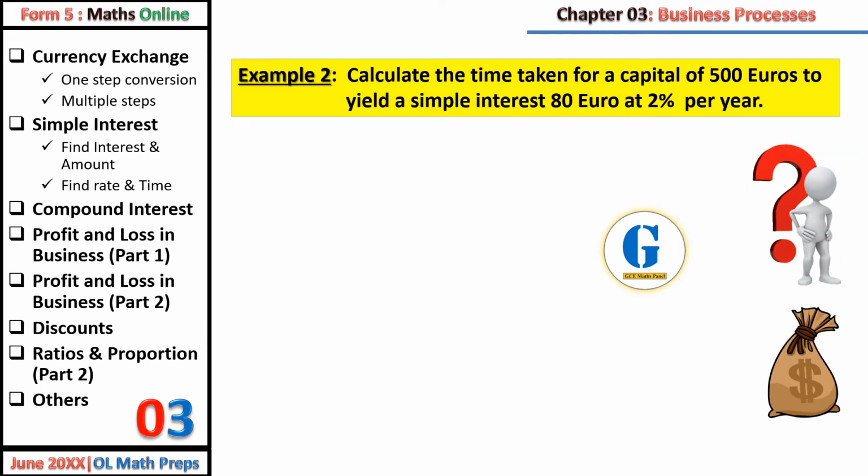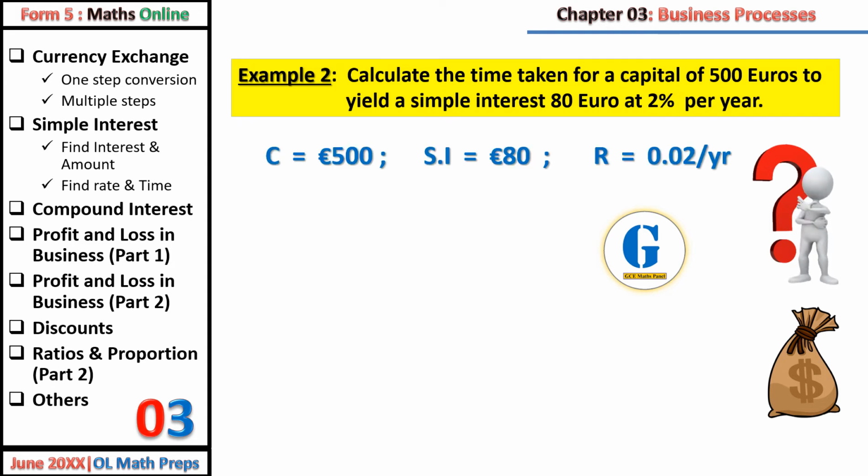Example 2: calculate the time taken for a capital of 500 euros to yield a simple interest of 80 euros at 2% per year. Here what has been given is the capital of 500 euros, the simple interest of 80 euros, and the rate of 2% per year. What we have to calculate is the time.